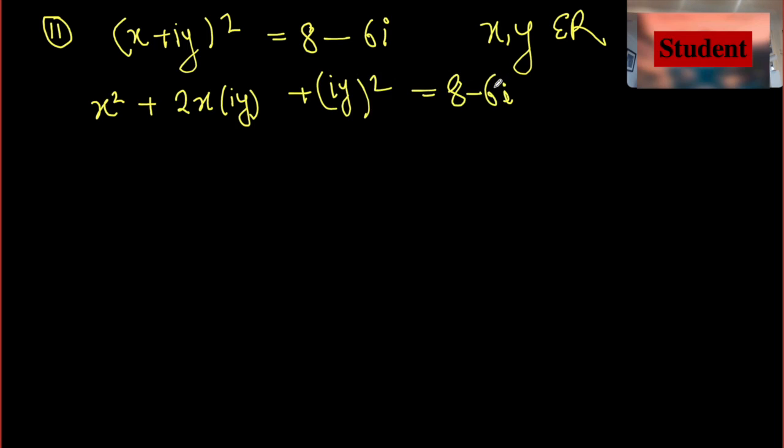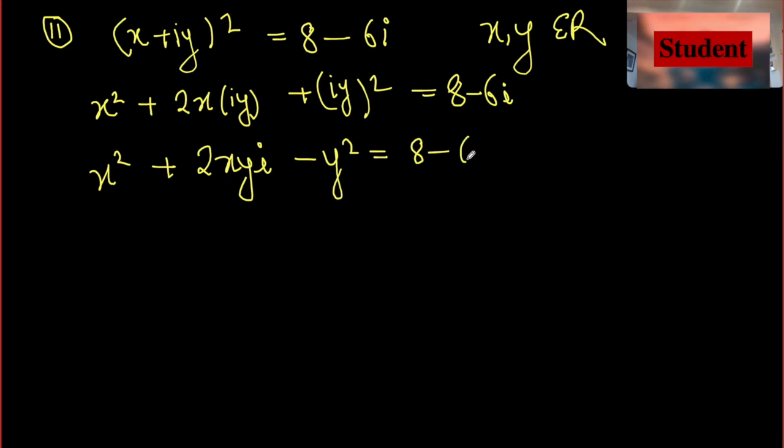Now this we can't do anything with, and we can write this one as 2xyi. Now what can I do here? i² is minus 1, so can I write minus y²? Now I will try to separate the real and the imaginary parts. So these are the real part, because there is no imaginary number attached.